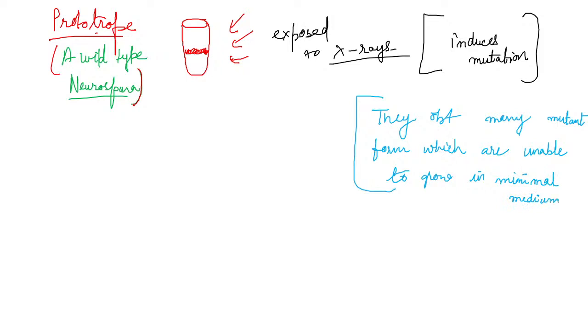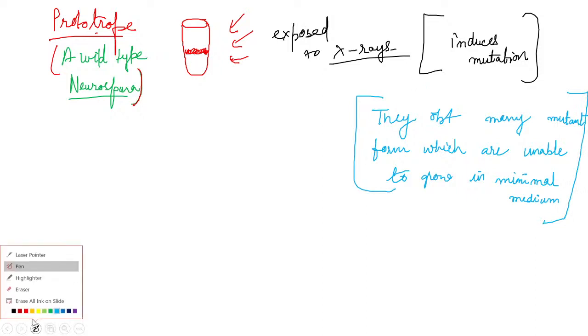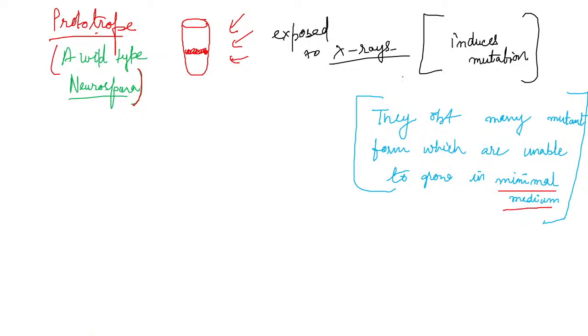The wild type Neurospora was able to grow in the minimal medium. But the mutant Neurospora, whose genetic makeup has changed, cannot grow in this minimal medium of sugar, salt, ammonia, and biotin.